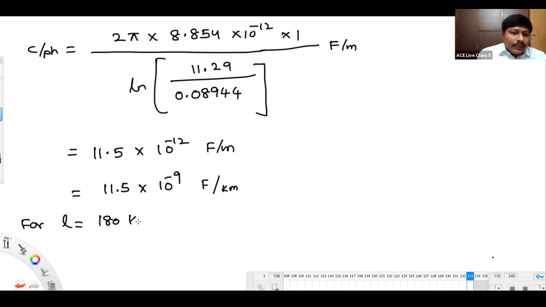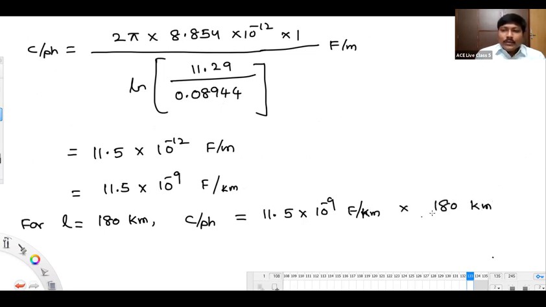For a length of 180 kilometers, capacitance per phase will be 11.5 into 10 power minus 9 farad per kilometer into 180 kilometers. The kilometers cancel out. So 11.5 into 10 power minus 9 into 180 gives 2.07 into 10 power minus 6 farads.